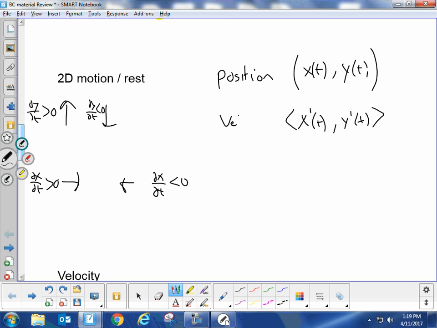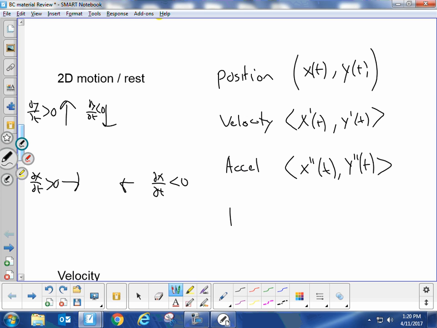This would be like a magnitude and a direction. And if I want an acceleration vector, I would take the second derivative. And sometimes you'll see it in this vector form, which is using these brackets instead of parentheses, because it's a vector. It has direction and magnitude.